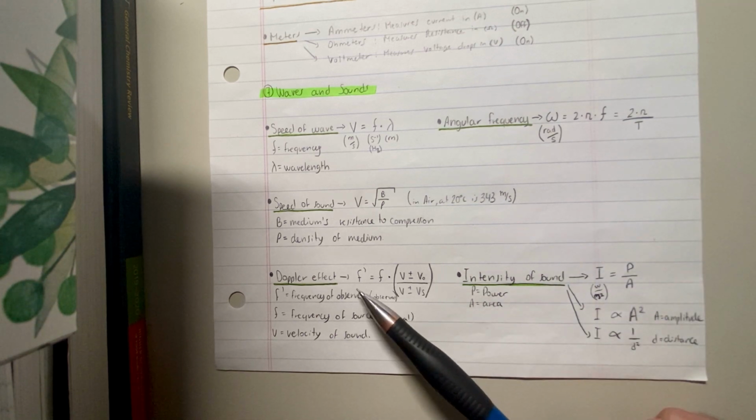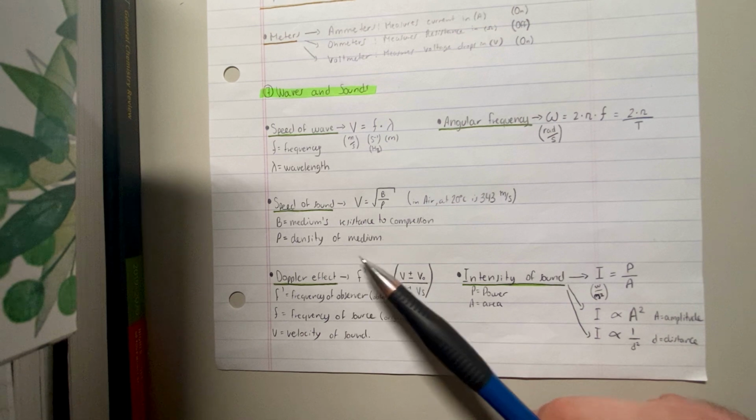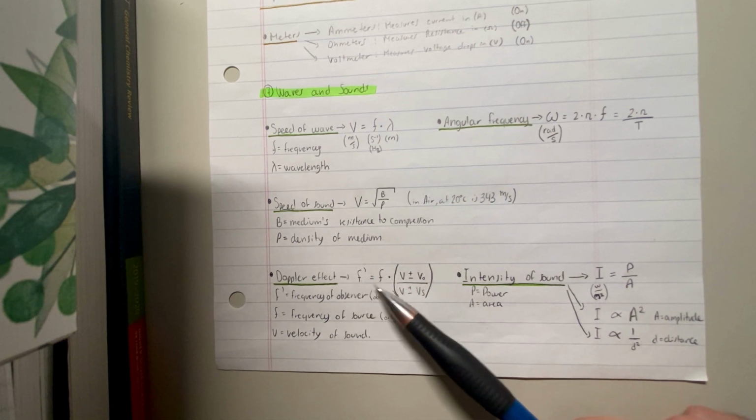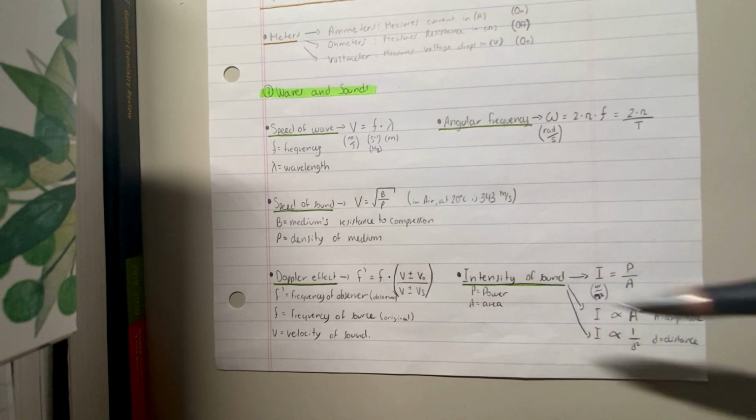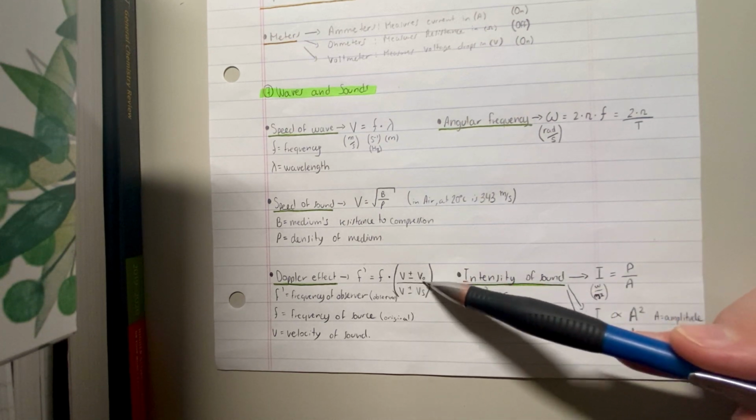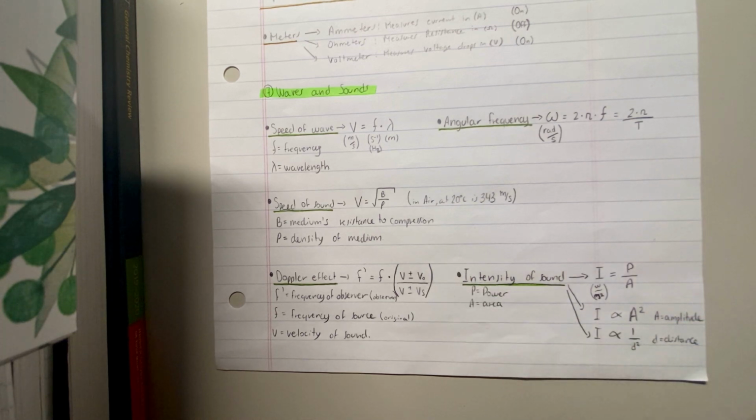So here we can see that the frequency of the observer, so the final frequency, would be the frequency of the source itself times the velocity plus or minus the velocity of the observer, divided by the velocity plus or minus the velocity of the source.